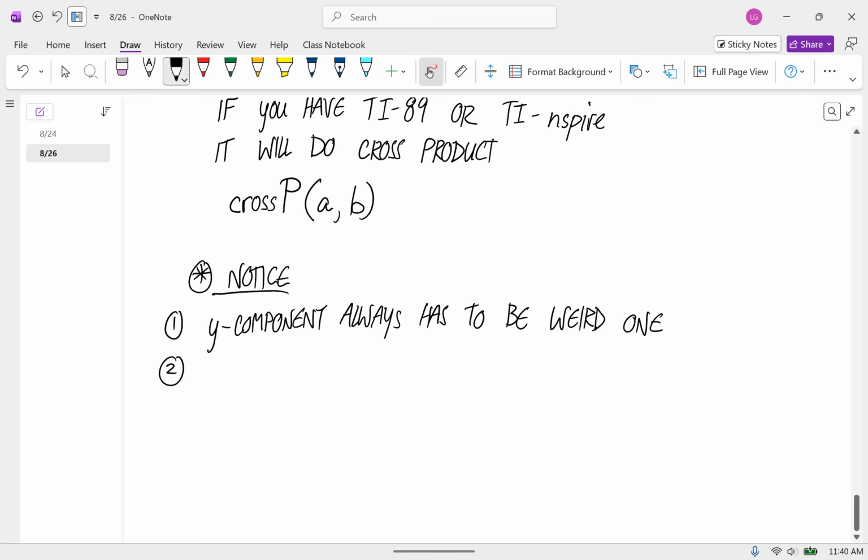The second one, I already said this, but the output of the cross product is perpendicular to both input vectors.